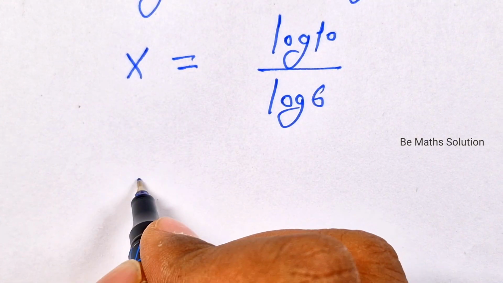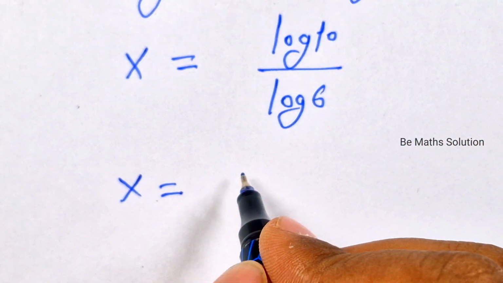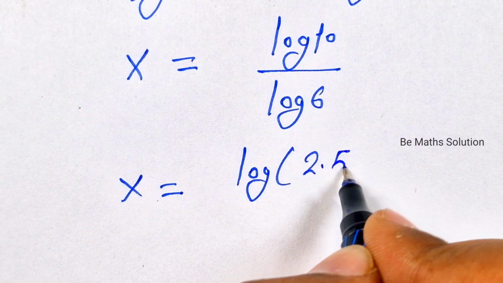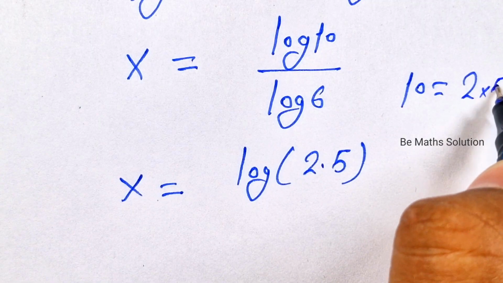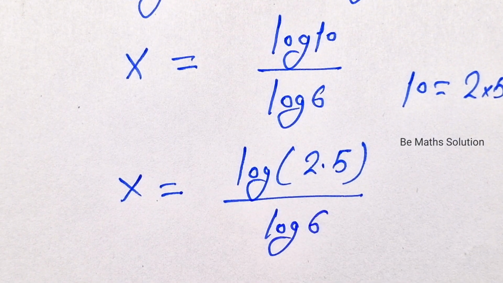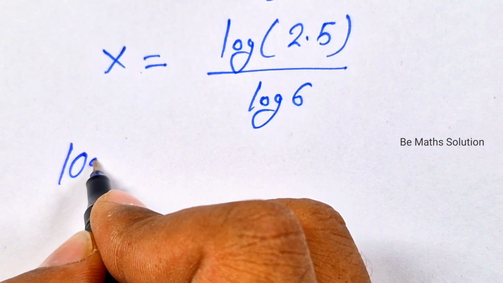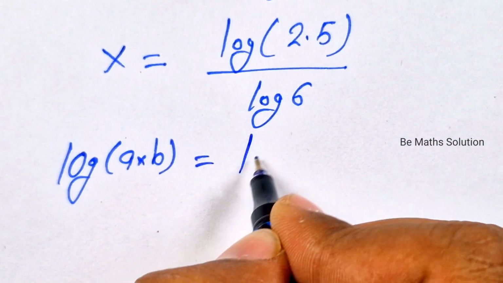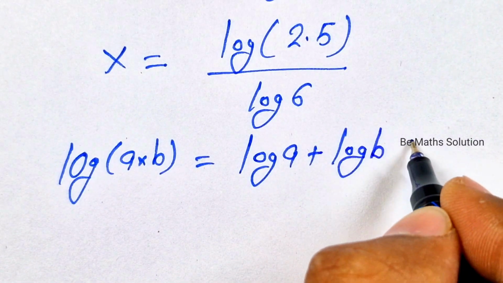Then x is equal to log of 10, and 10 is the same as 2 into 5, over log of 6. As we know, log of a times b is equal to log of a plus log of b.